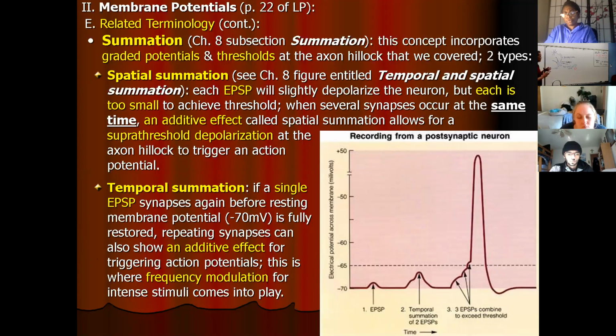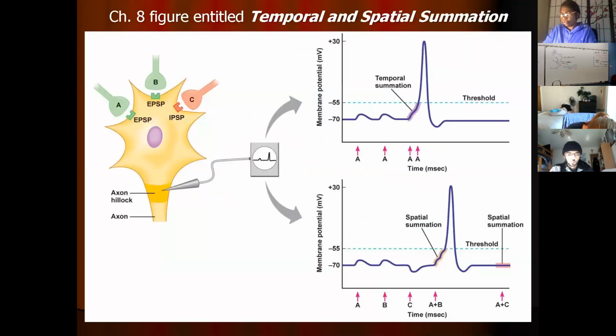So this first diamond, several synapses, like what I have on the whiteboard, from different spots or spaces, is spatial summation. If it's a single synapse firing again and again over time, and the word for time is temporal, that's temporal summation. Okay.